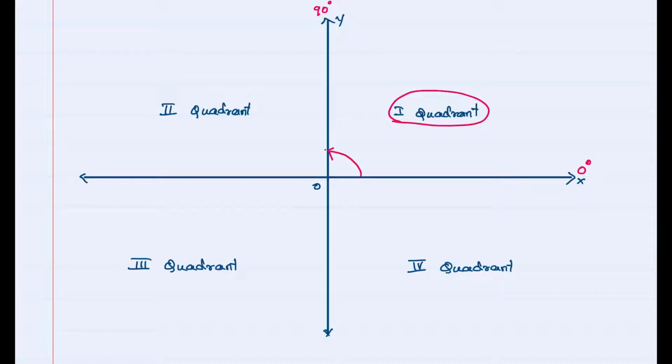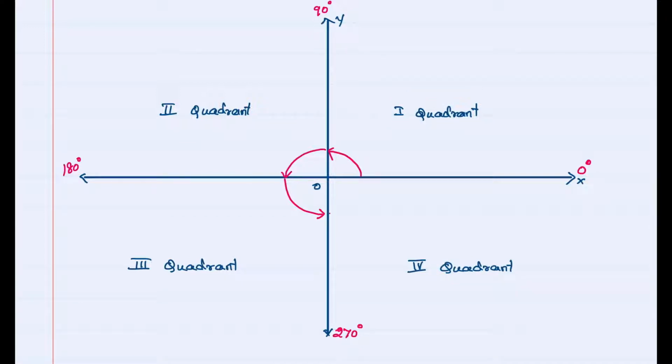And if the angle is between 90 degrees and 180 degrees, it is called the second quadrant angle and it is an obtuse angle. And 180 degrees is called a straight angle. And if the angle is between 180 degrees and 270 degrees, it is called a third quadrant angle.